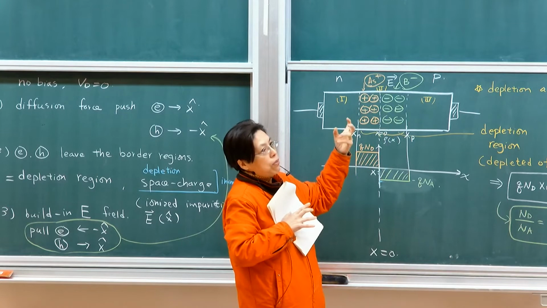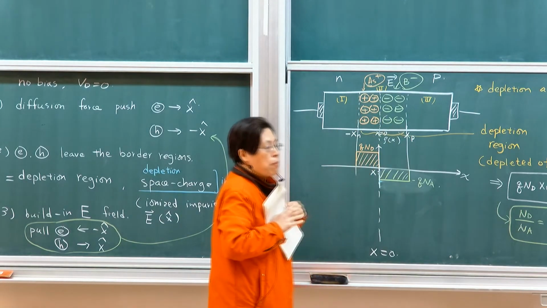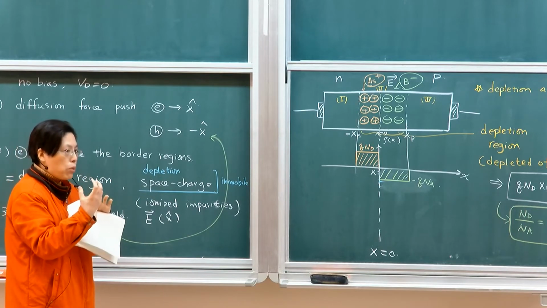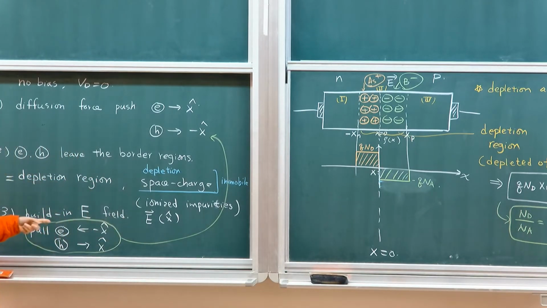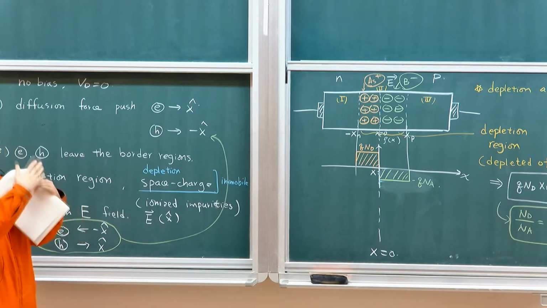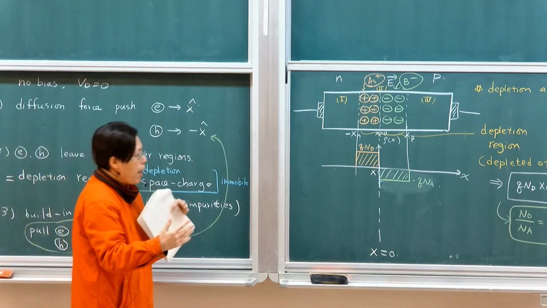On the p side, they leave negative ionized impurities. These ionized impurities create the depletion region and generate a built-in potential, which pulls the electrons and holes back to their original places. So these two forces balance each other and create a natural barrier.